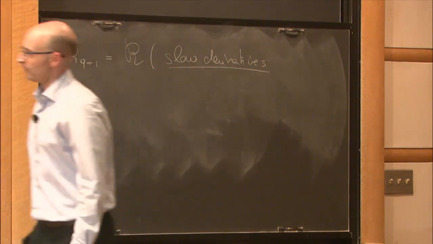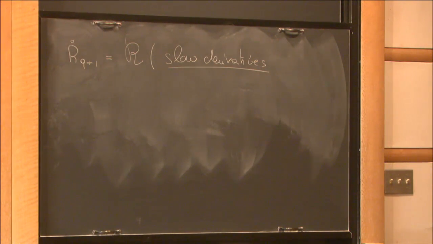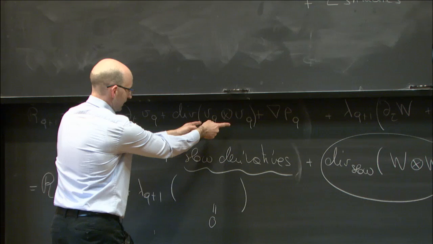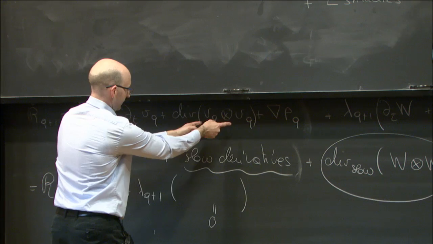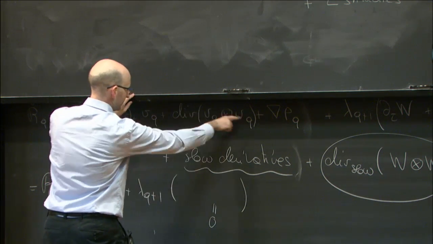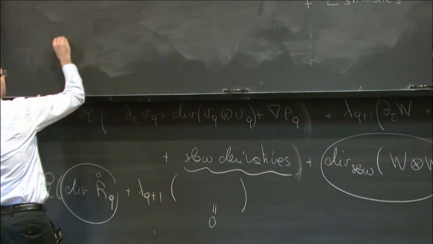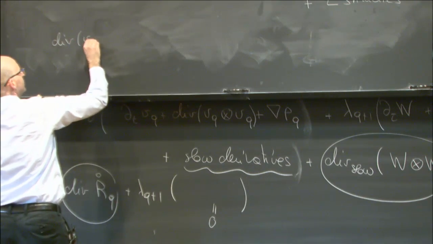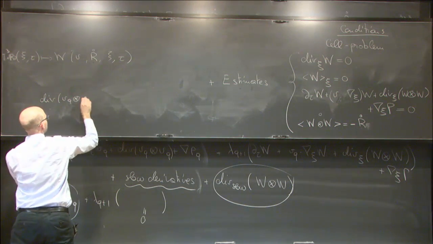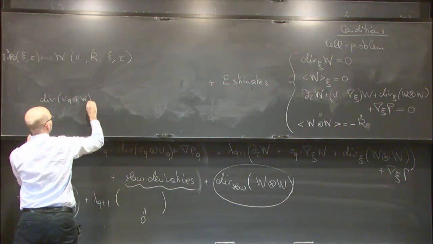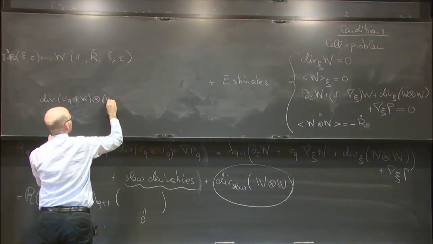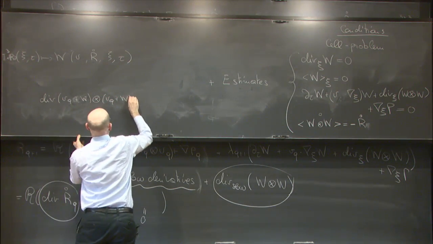But there's also one term that you're going to see, when you are doing the quadratic expansion over here. I have something like divergence of VQ tensor VQ plus W tensor VQ plus W. It gives you two terms.